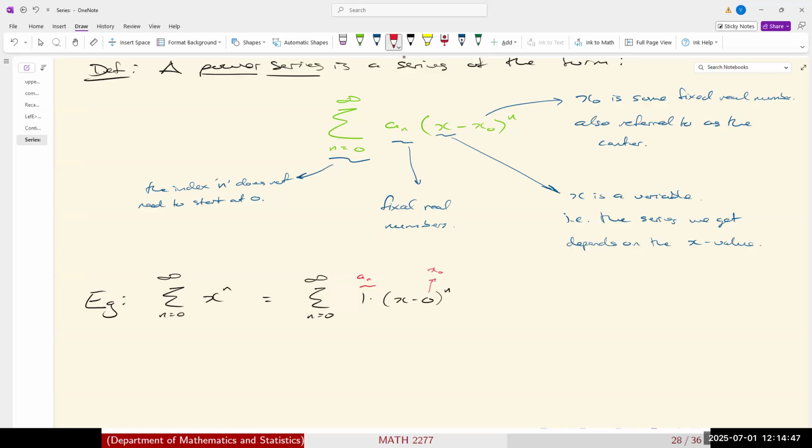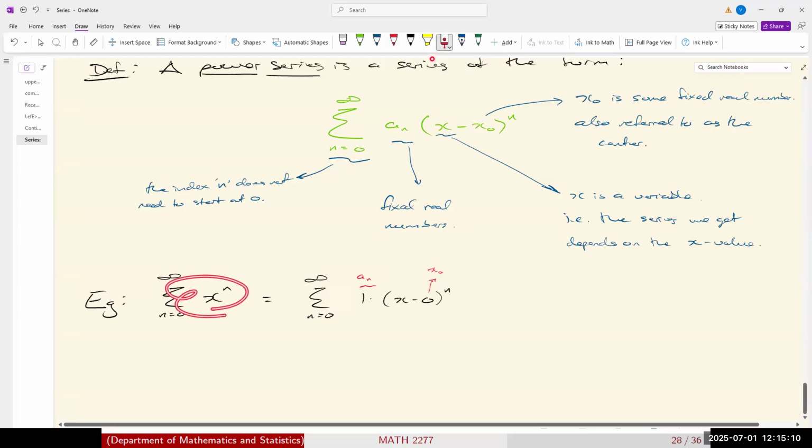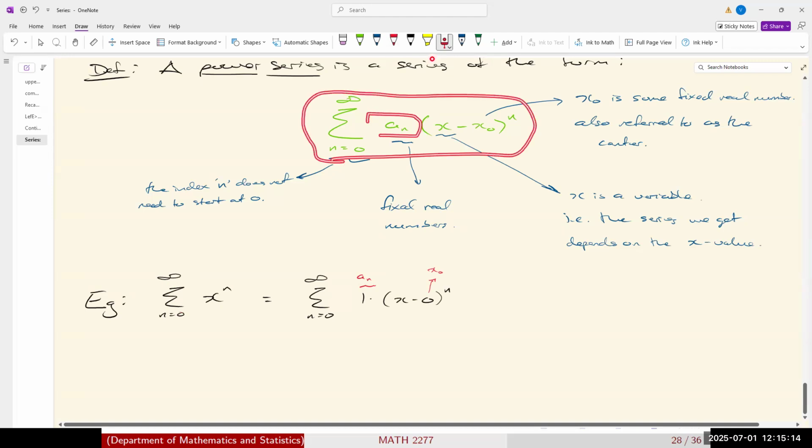You need to first write it in the form of a general power series to identify a_n and x0. Of course, you don't always have to do that. With time and practice, you may just look at the power series and know what the a_n are and what the centers are. But when you're starting out, whatever series they give you, first write it in this general form and identify what is a_n, identify what is x0.